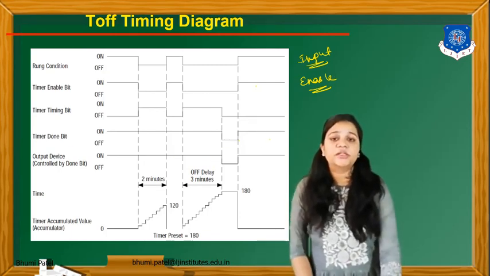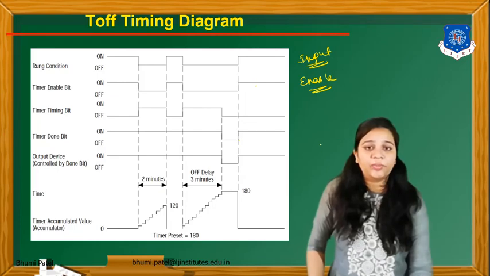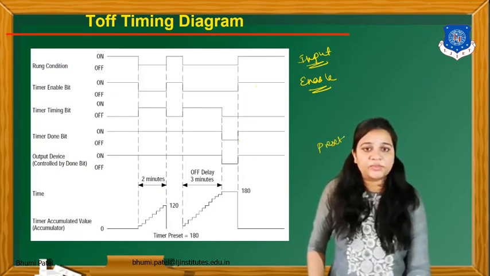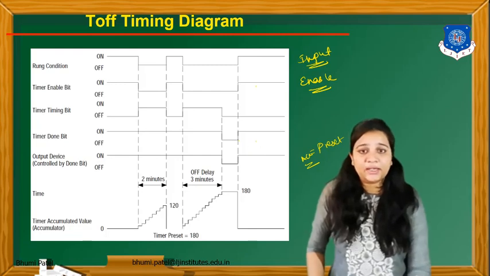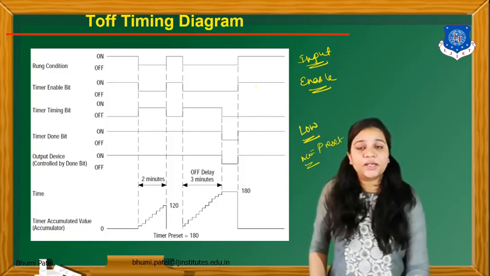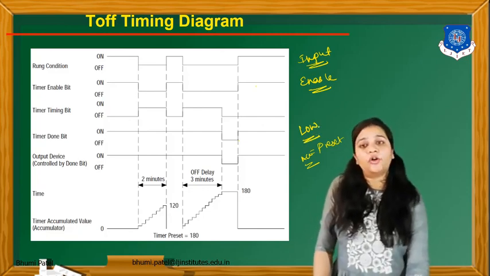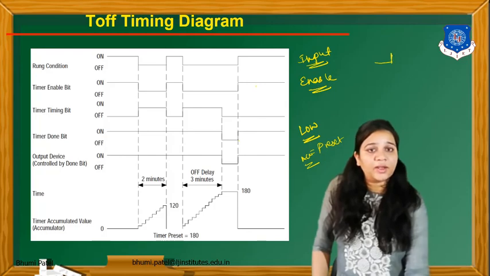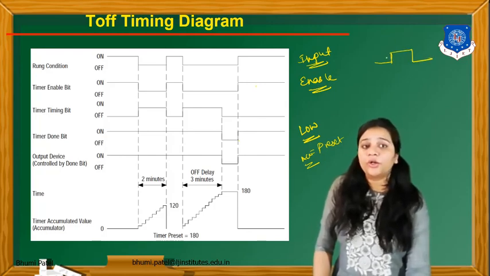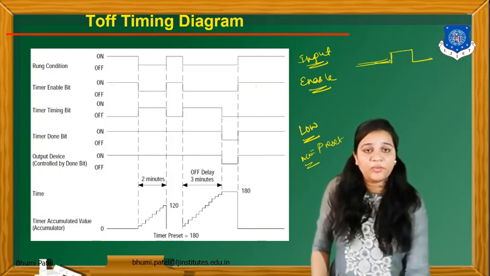timer is reached for the preset value, that means the preset is equal to the accumulator value, here you can see that in the timing diagram the done bit goes low. Okay, this is the difference between T on and T off timer. In the T on timer, after the preset value, the done bit goes high, up to then the done bit is low.